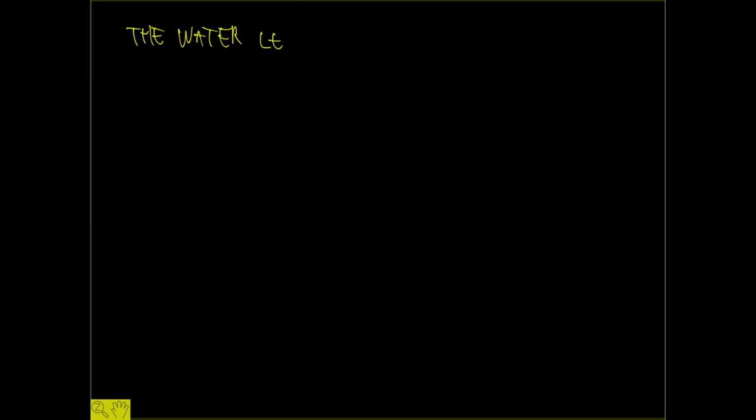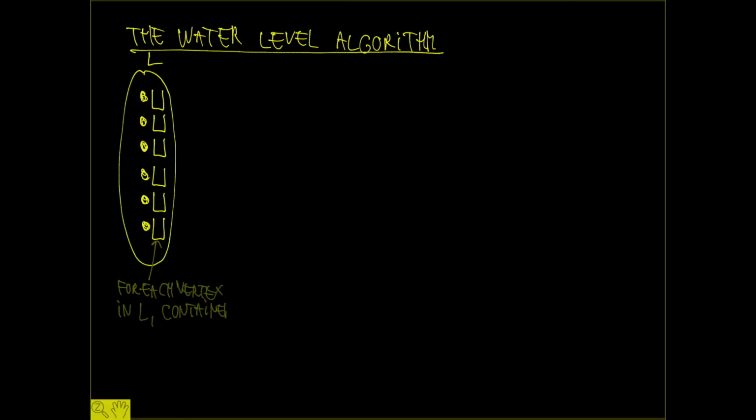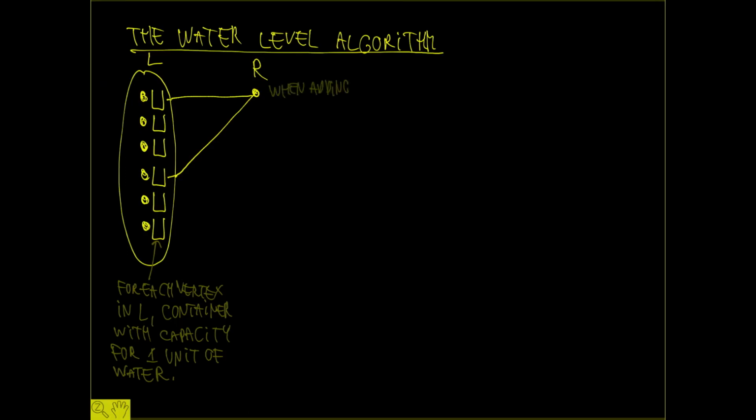We're going to study a very natural and simple algorithm for this problem called the water level algorithm. So here we think about each vertex on the left as kind of a container able to hold at most 1 unit of water, corresponding to how much they are matched. So basically each of them we can imagine as a small container. And whenever a vertex comes on the right, it basically has 1 unit of water that it can distribute among the vertices that it has edges to.